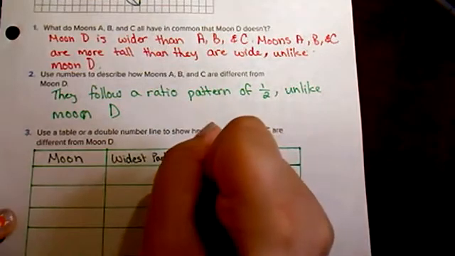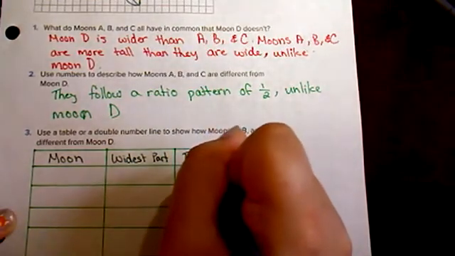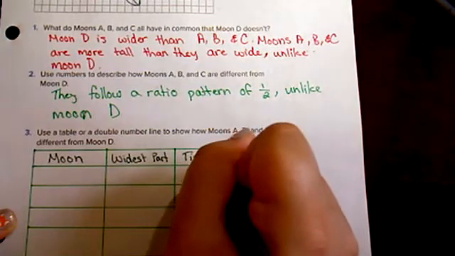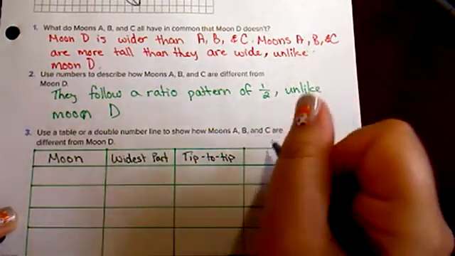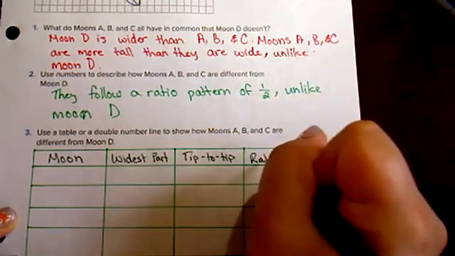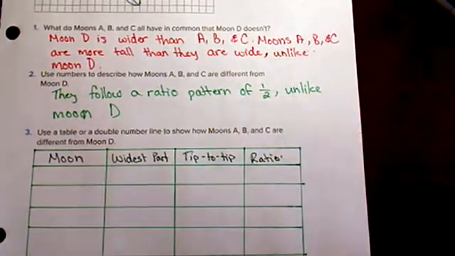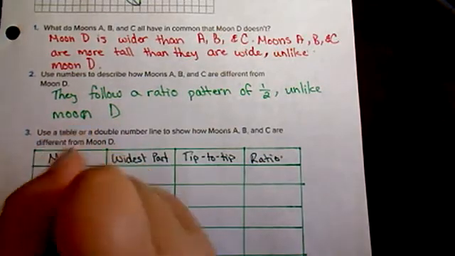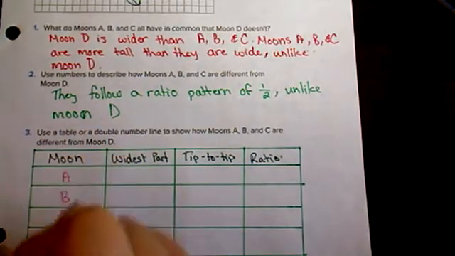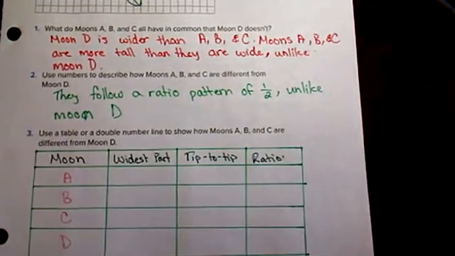My third, I'm going to do tip to tip. And my last one is going to be my ratio. What is it going by? And now I'm going to grab a different one to put in moon A, B, C, and D.